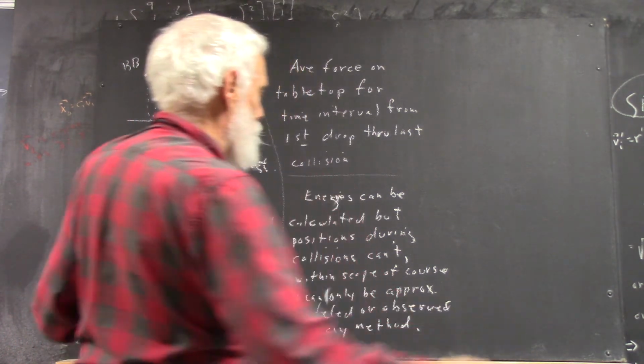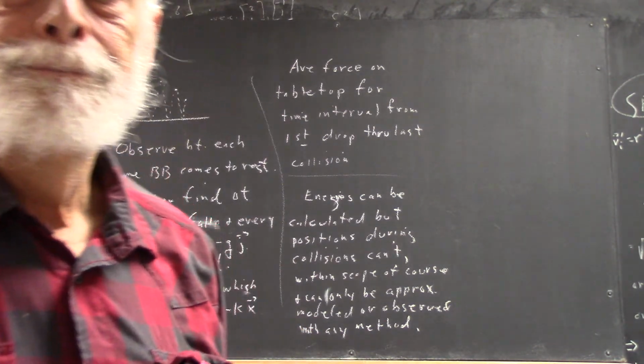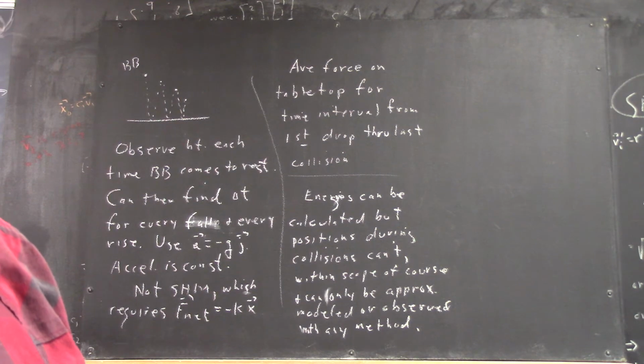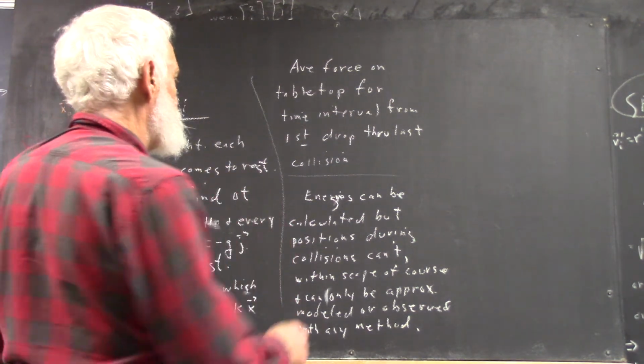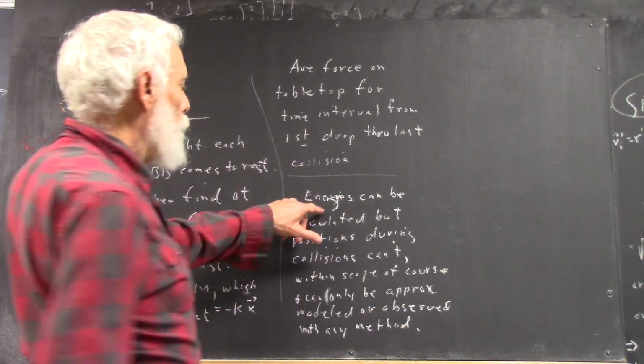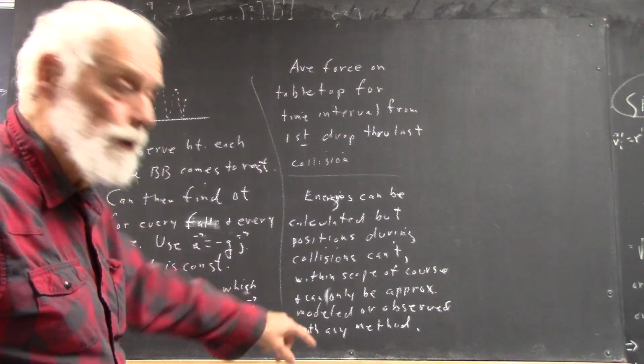In other words, there are uncertainties in your model, there are uncertainties in any observation you can make. So they prevent us from using the known energies to calculate the average force.